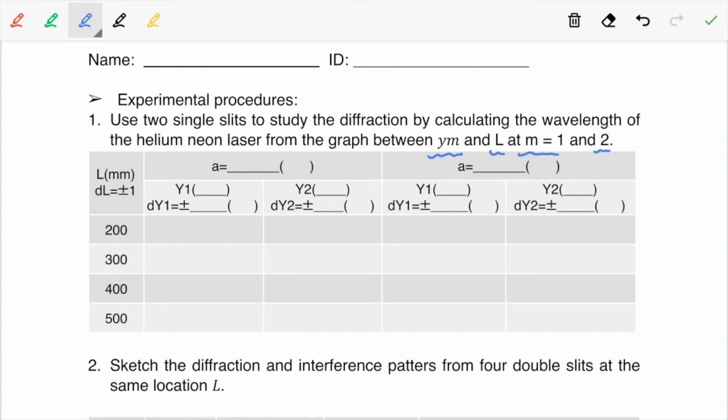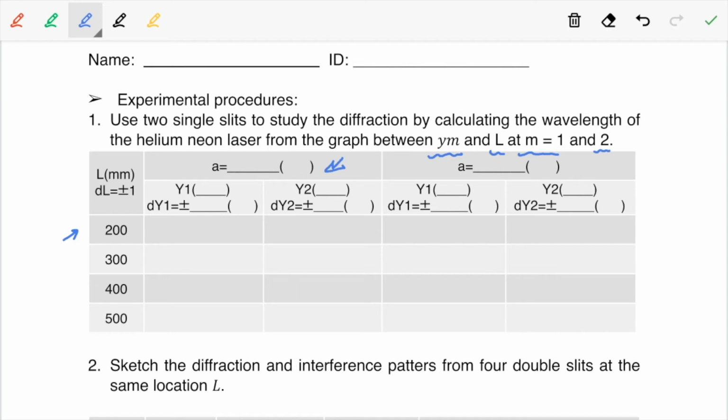Here we have two single slits. It's not double slits, okay? It's two single slits. We will do 2 measurements for one kind of single slit, which is here. We have the A, the width of the single slit, and we are going to change the L between the single slit and the whiteboard, extending the distance from 200 millimeter to 500 millimeter.